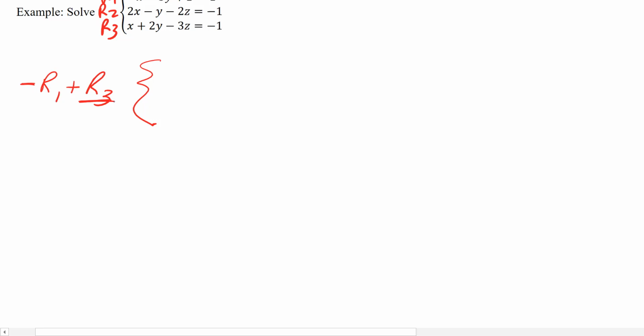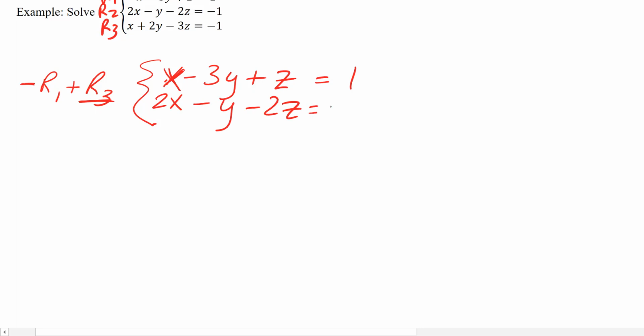r1 doesn't change. r1 stays the way it is. So x minus 3y plus z equals 1. That's still the way that is. And then the second equation doesn't change: 2x minus y minus 2z equals negative 1. And then the third equation will be the sum of negative r1 plus r3.